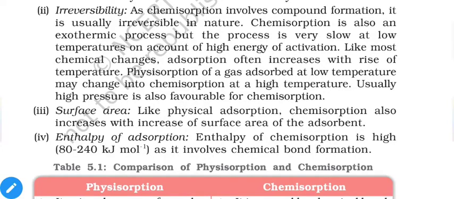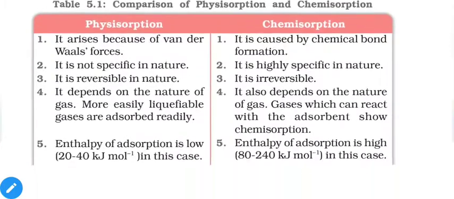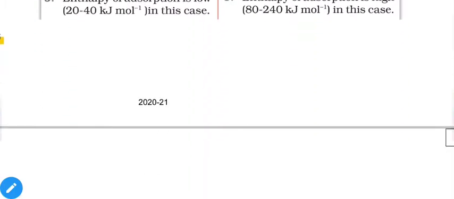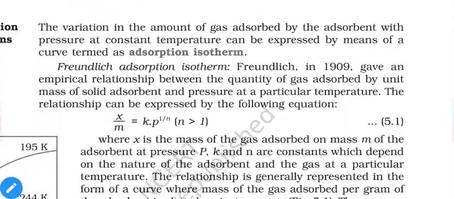Next thing, surface area. Just like physisorption, chemisorption is also a surface phenomenon, so with increasing surface area it will increase. And enthalpy of adsorption, as we know, it is a chemical reaction, that's why enthalpy of adsorption will be comparatively higher, because they are permanently bonded with each other via chemical bonds. So the table is mentioned. If you have any confusion regarding this comparison table, then you can ask me.